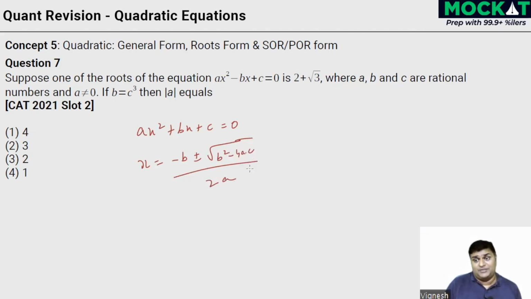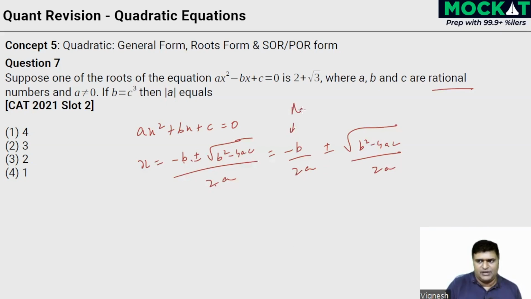So in this particular one, if a, b, and c are rational numbers or integers, then we are getting two parts over here, which is minus b by 2a plus or minus root of b square minus 4ac divided by 2a. If a, b, and c are rational numbers, this is going to be a rational number.